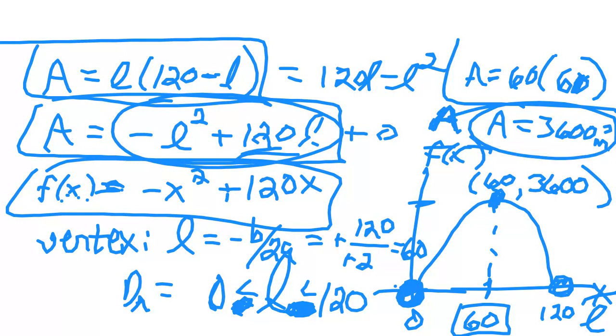But is that actually what it asked? We got to make sure we answer the question back in the original. It says on part C, use your graphing calculator to estimate to the nearest meter the dimensions of the largest field that can be enclosed. So the dimensions would actually be a length of 60, so that's L. So the answer to the question is 60 meters times 120 minus 60.